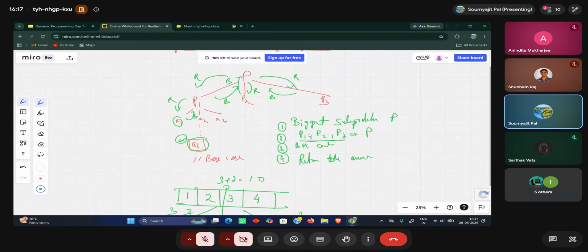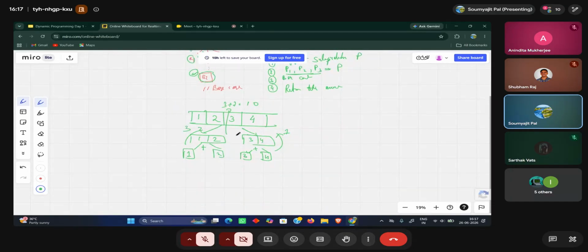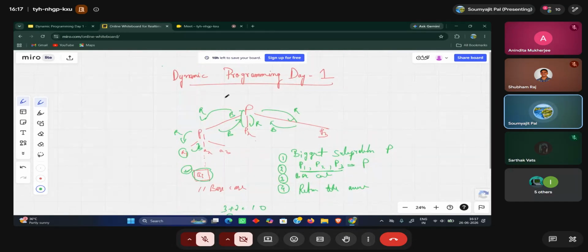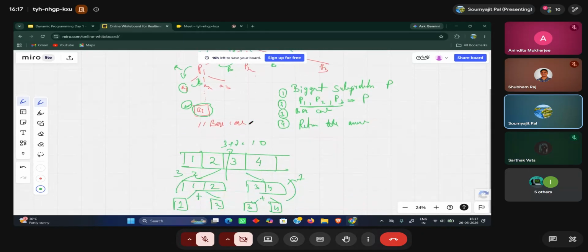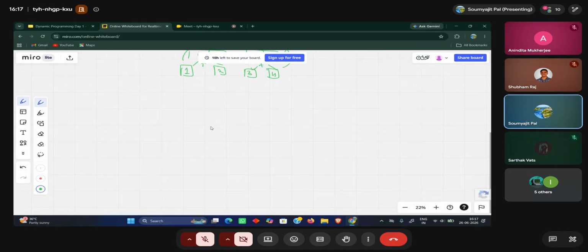Okay. So we figure out some problem, and we are dividing it into smaller subproblems. But when does this concept of dynamic programming come in? Like, it was all right, no? But let me reframe the problem. Again, I am dividing the biggest problem P into three subproblems P1, P2, P3.